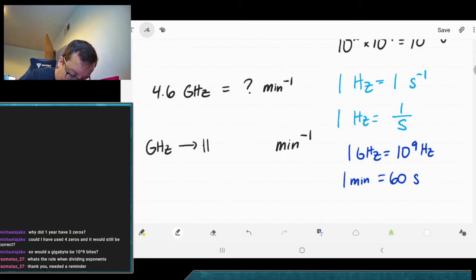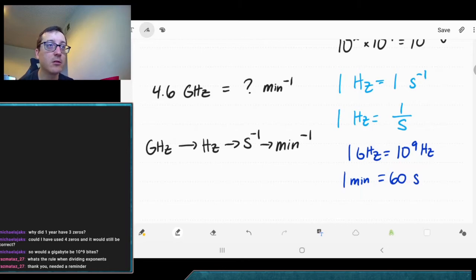So, we have a conversion to take us from gigahertz to hertz. And we have a definition of hertz to seconds. And then we can go from seconds to minutes.